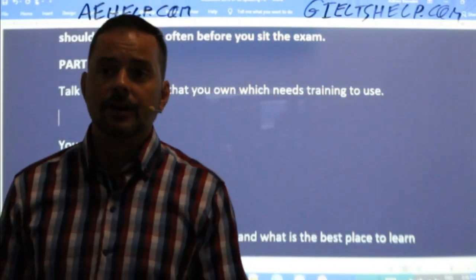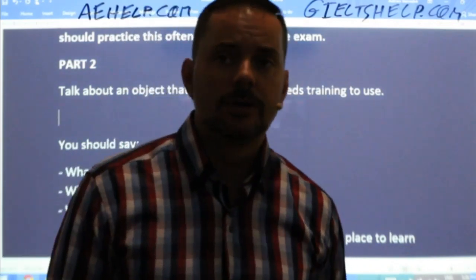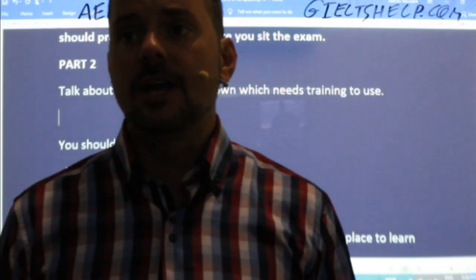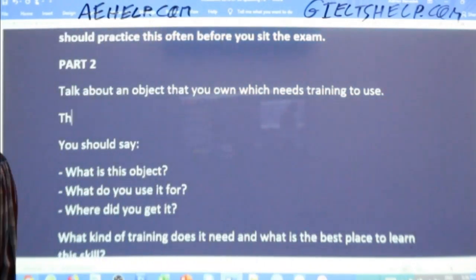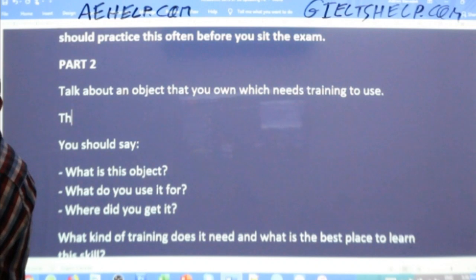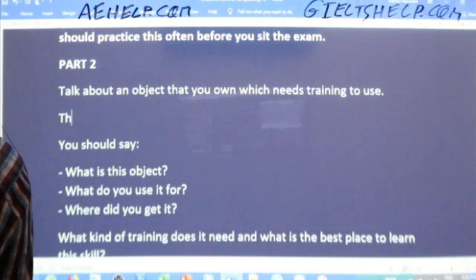Kirti Dagar, very good. That's a strong high band start. The object that I own and needs training is a pen. Okay, very good, Kirti. So this is Kirti's response. Kirti is the first one I read that gets a band 9 start.